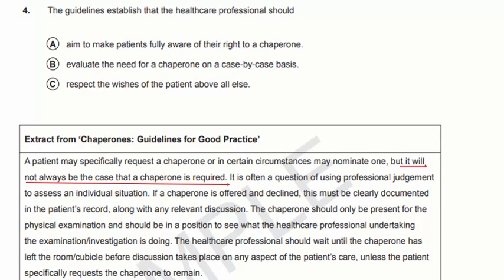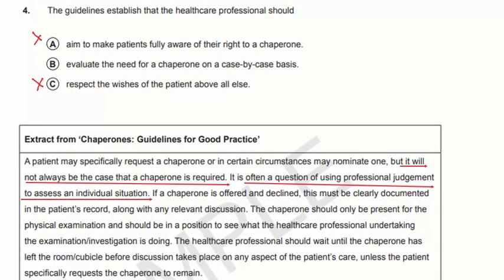So it's neither A nor C, so let's make sure that this is the right one, B. We can see here, it's often a question of using professional judgment to assess an individual situation.